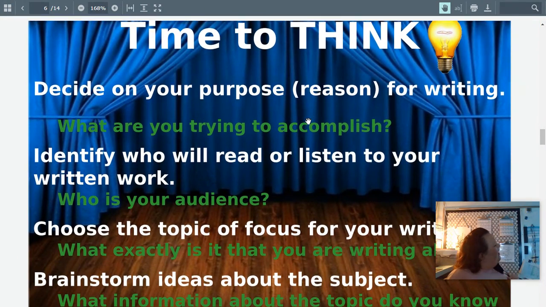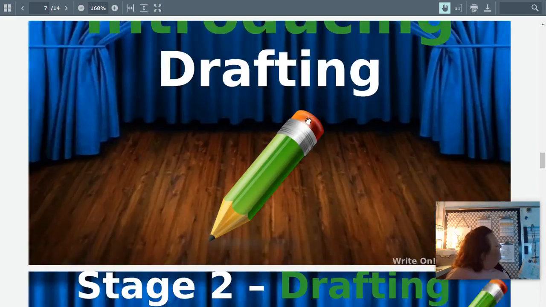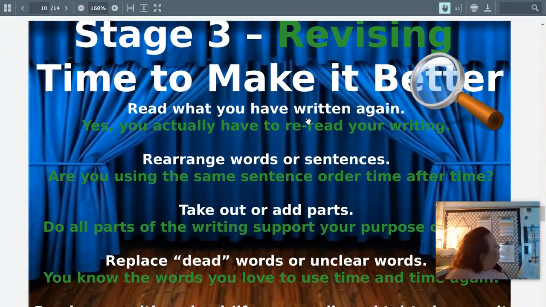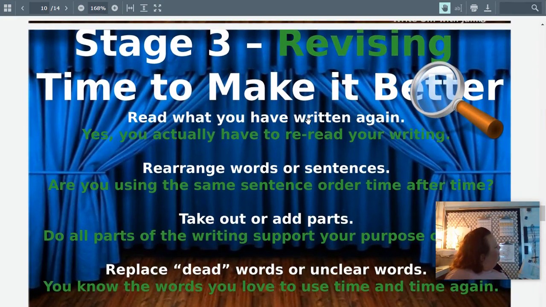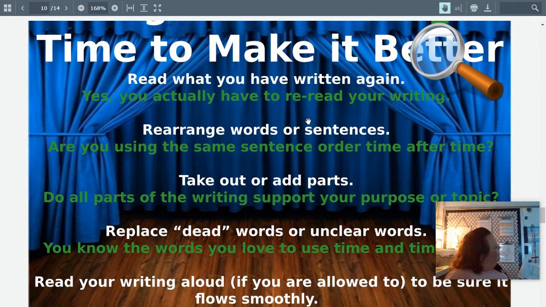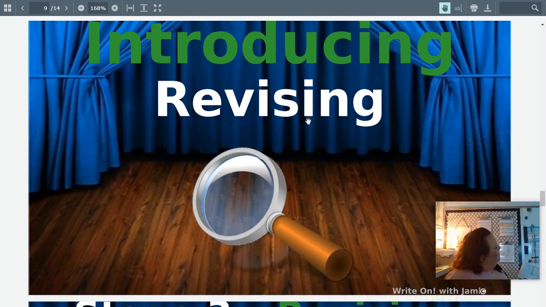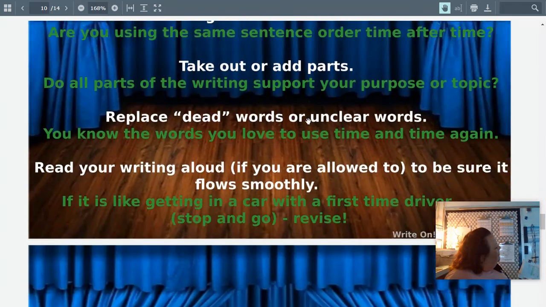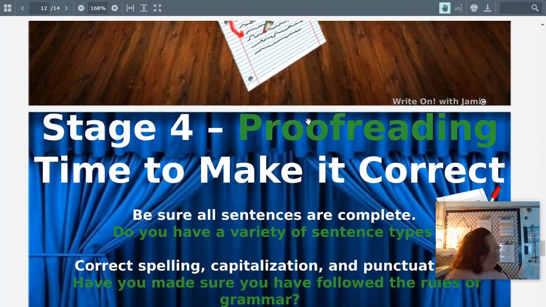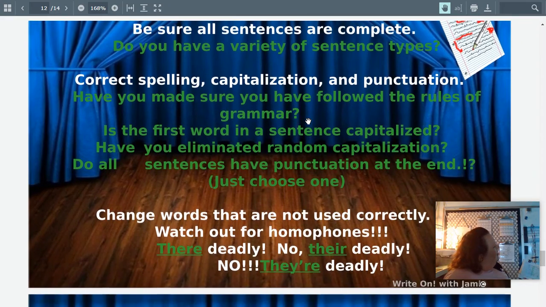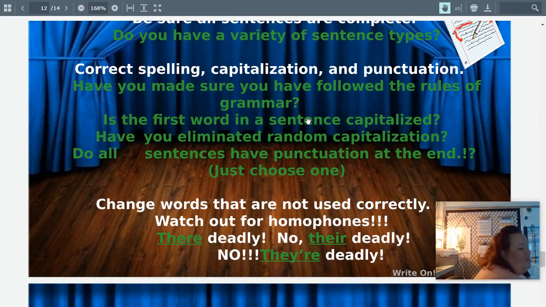Do you have a variety of sentence types? All right. The next one.